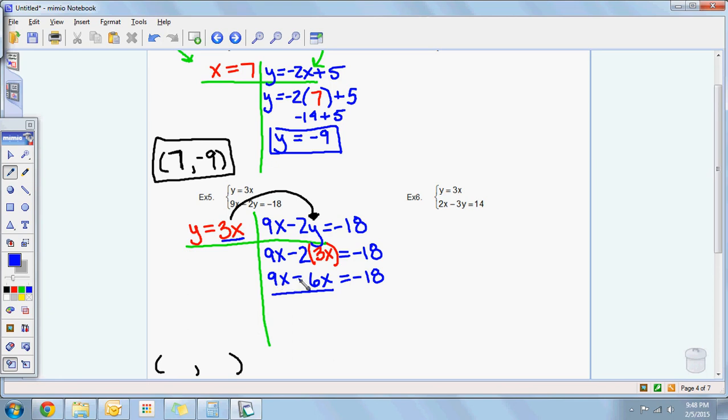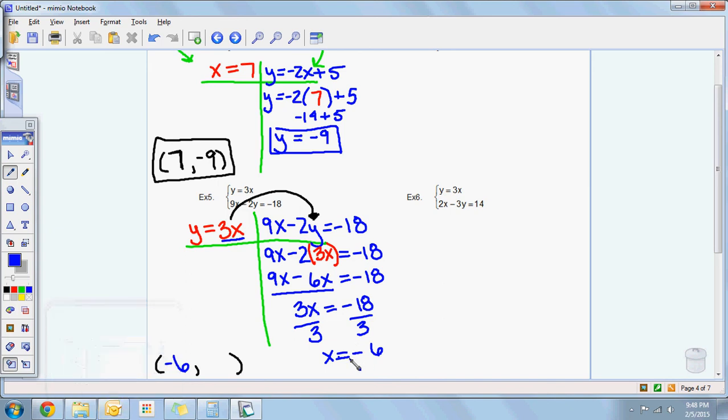So 9x minus 6x would give you 3x, and that equals negative 18. And then do your final calculations. So x is equal to negative 6. Alright, so there's my x value. Took me a little bit, but I got it.